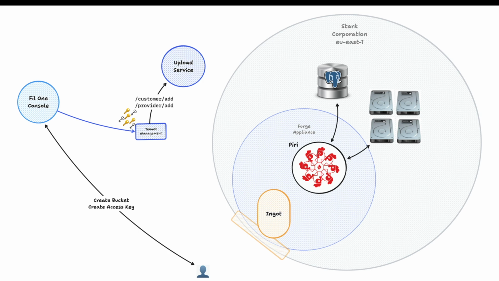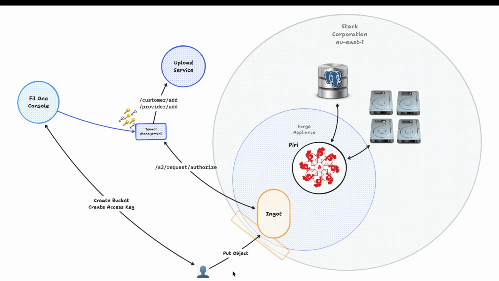You can think of them as the same thing. So we add a space, configure a space, say that the provider, the storage service for this space is going to be the Forge network. So that's HILT's tenant management job, to map Fil One users to Forge network users.